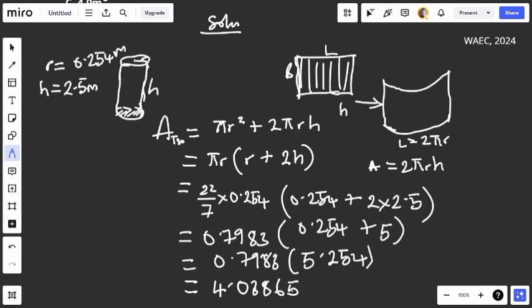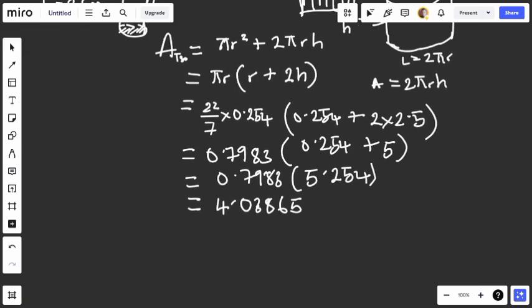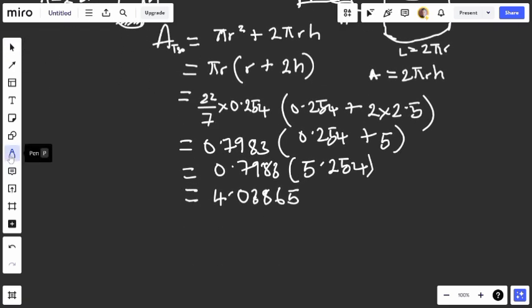When they said approximate to 1 decimal place, it means after the decimal point you should only count the first number. Then you look at the next number after the first decimal place.